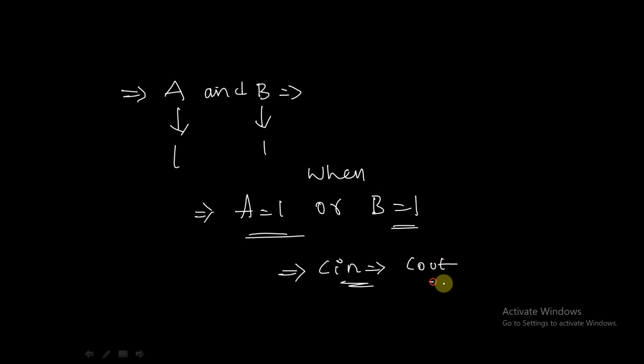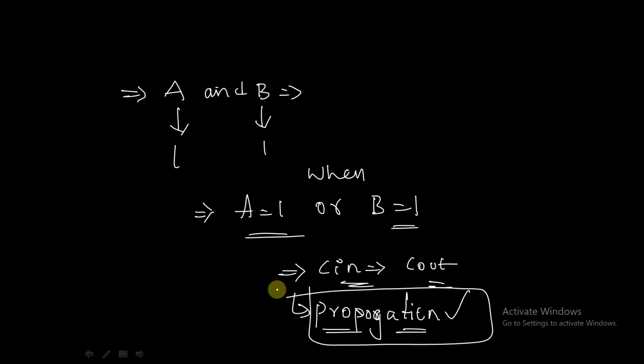That is, input carry is being propagated as output carry. So this is nothing but propagation happening. In this particular case, the input carry is being propagated as output carry.